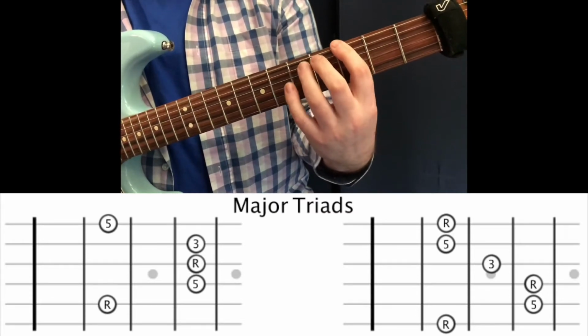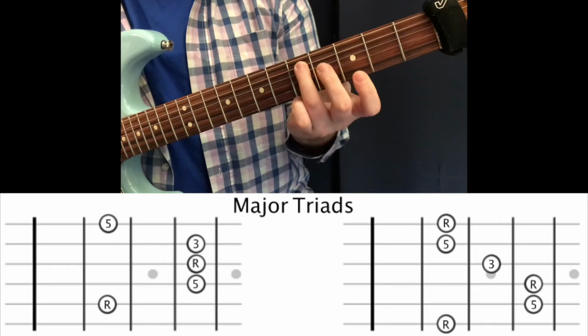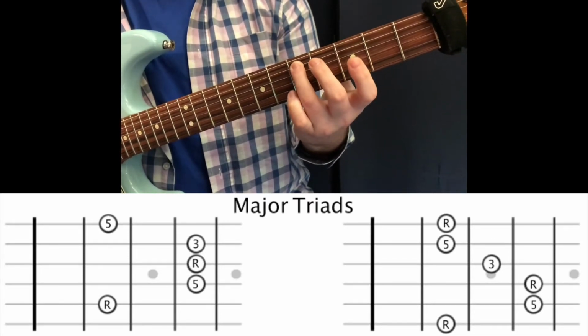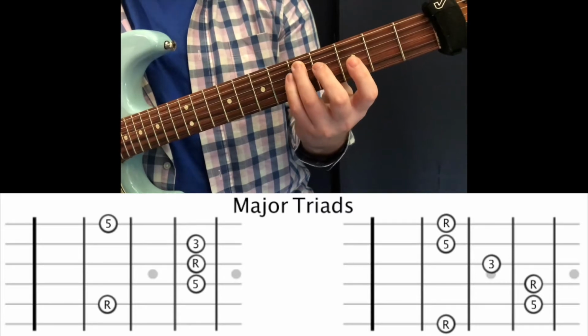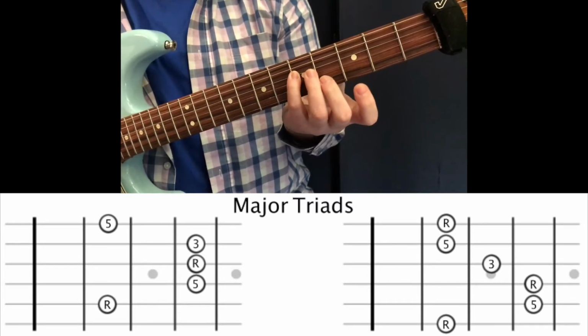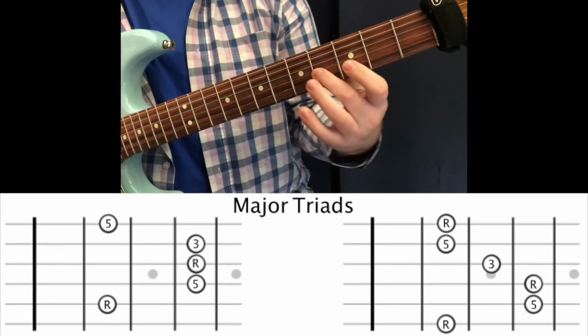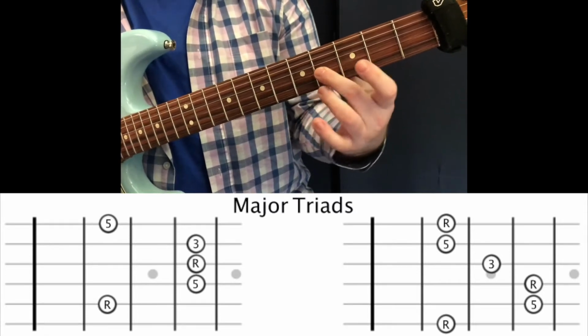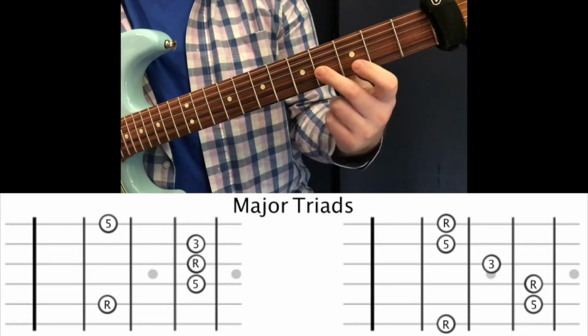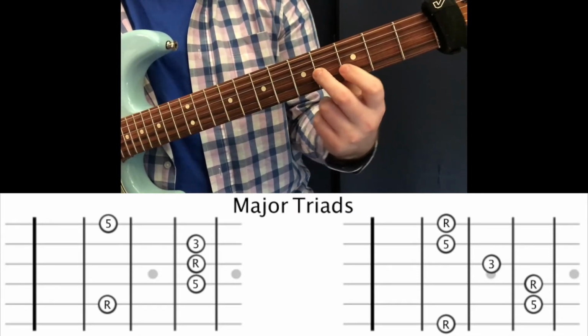So the root's on the 3rd fret, the 5th is the D again, and that's going to be the 5th fret on the 5th string. We have another root, which is G, that's the 5th fret on the 4th string. And here's where it's different. The major third now is on the 4th fret on the 3rd string.